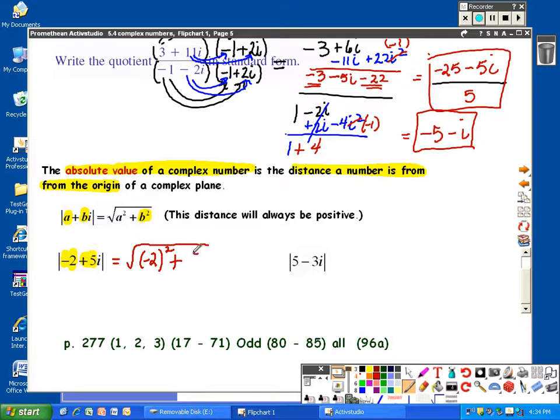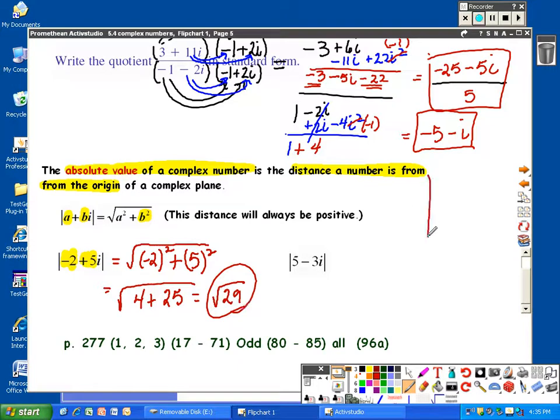So it would be 5 squared, which is negative 2 squared is 4, plus 5 squared is 25, which is the square root of 29. So negative 2 plus 5i is square root of 29 units from 0, 0. In other words, on a coordinate plane, negative 2 plus 5i is right here. To this point creates this distance of square root 29.